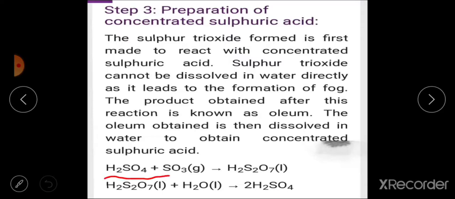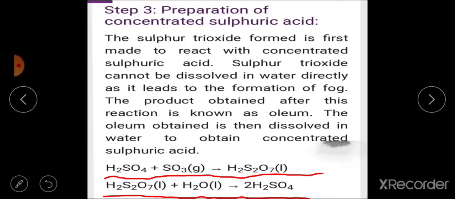Concentrated sulfuric acid reacts with the sulfur trioxide gas, which is formed in the second step. Then oleum is formed, H2S2O7. Then this oleum is diluted with water to form concentrated sulfuric acid.